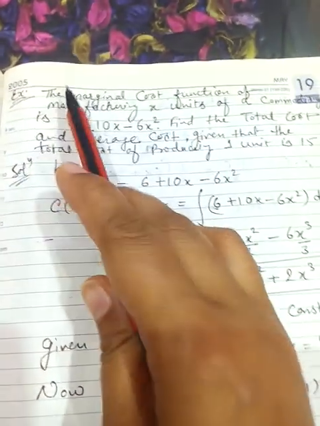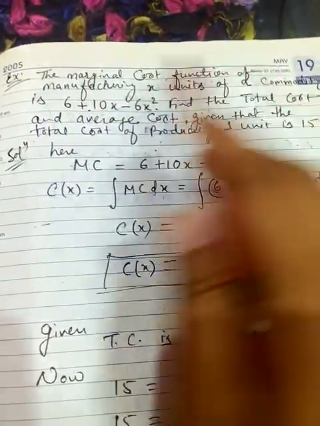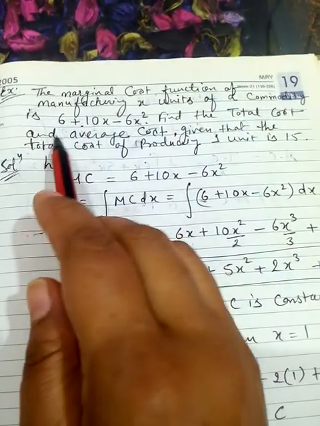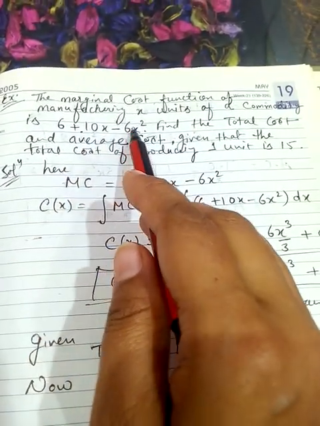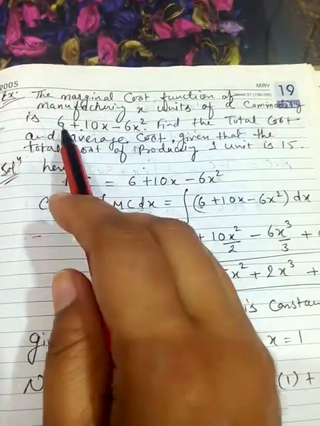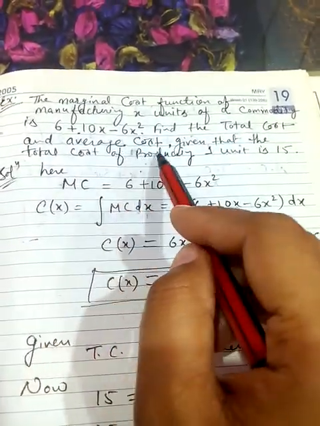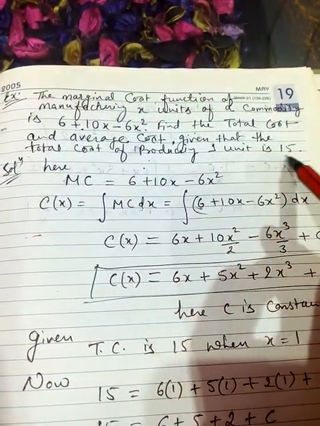Similarly, one more example we are taking here. The marginal cost function of manufacturing x units of a commodity is 6 plus 10x minus 6x square. Find the total cost and the average cost, given that the total cost of producing one unit is 15.